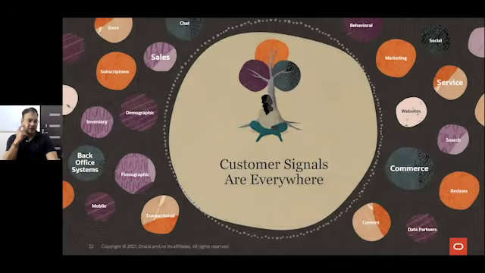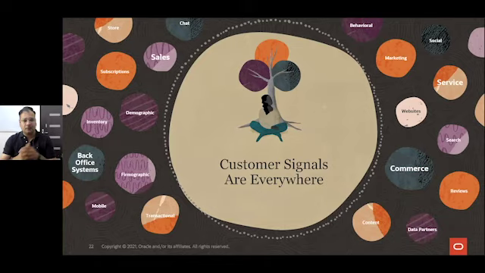Right from the time they start searching for a product or service, all the way to when they first come to our digital property and do a handshake with us, or when a sales representative first meets them, there are lots and lots of signals that they leave behind for us as the company, as CX professionals, to catch.